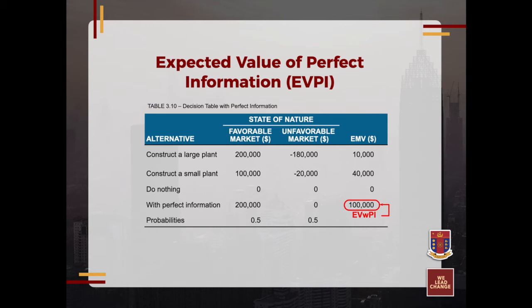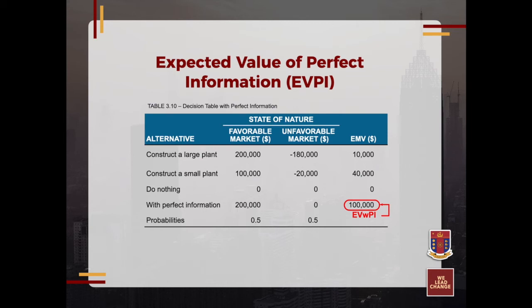To determine what is the perfect information, that would be the highest number out of all the possible payoffs per state of nature. It means that with perfect information, you can get the best out of all the alternatives given the different states of nature. Now for the favorable market state of nature, the best payoff among all of the alternatives is 200,000.